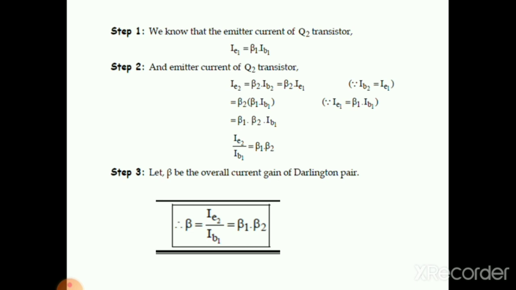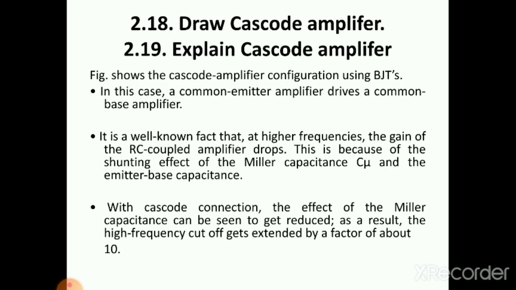So IE2 is beta 2 into beta 1 IB1, that is beta 1 beta 2 IB1, and IE2 by IB1 is equal to beta 1 beta 2. Let beta be the overall current gain of the Darlington pair. So output current by input current, IE2 by IB1, is equal to beta 1 beta 2.